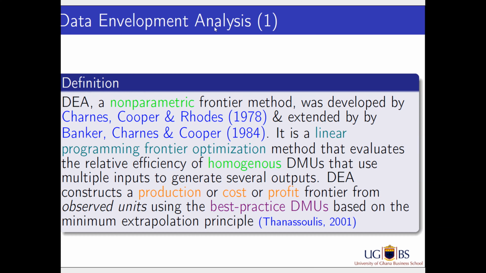So how does the DEA now come out with a score? Which score? Whether it's a technical efficiency score, allocative efficiency score, cost efficiency score, profit efficiency score, any of the scores, first it has to construct a function, a frontier, a production frontier. Okay, now let me show you something when it's constructing the production frontier.